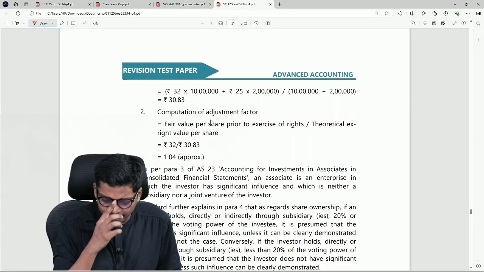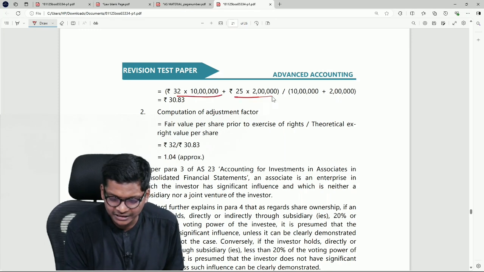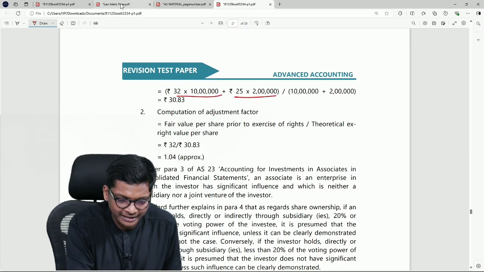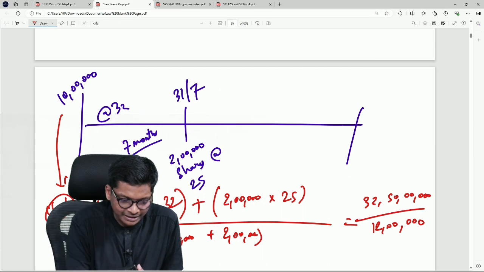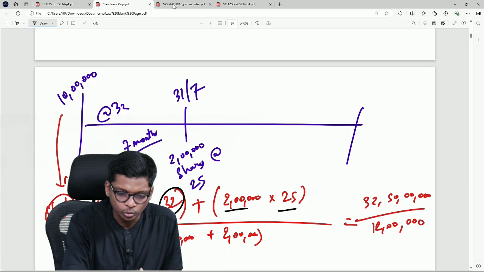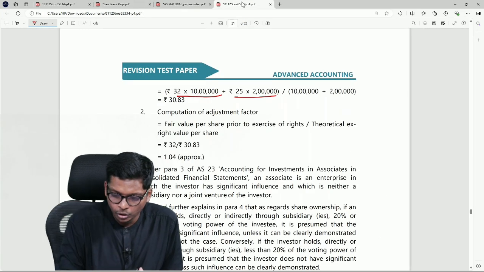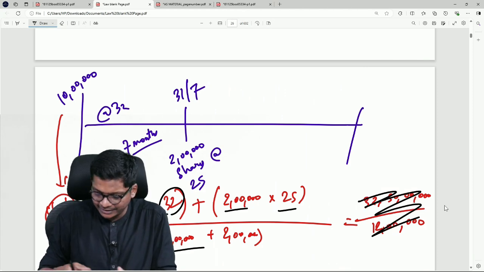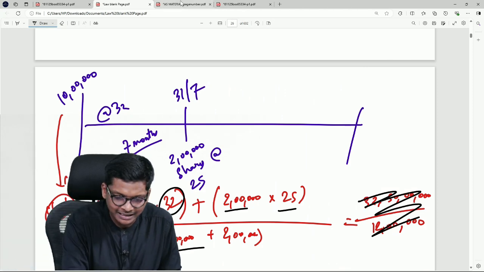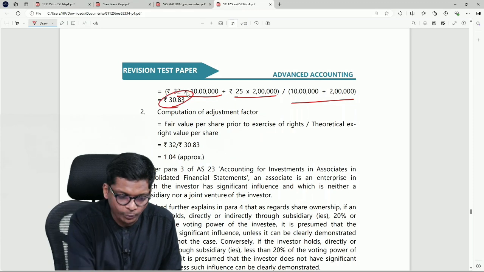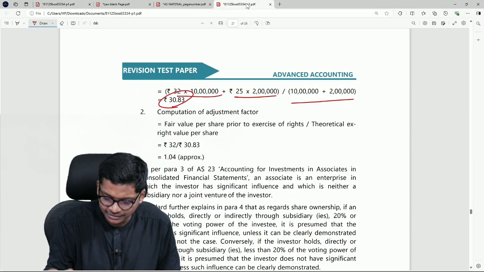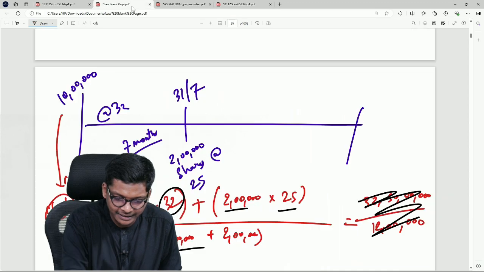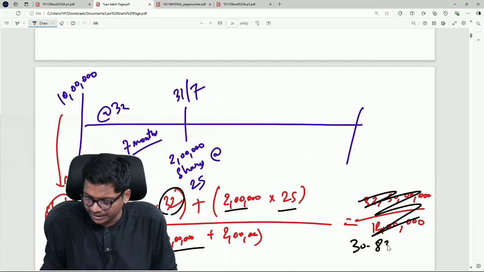Exactly what we did: 32 into 10 lakhs plus 25 into 2 lakhs, we did the same thing. 32 into 10 lakhs plus 2 lakhs into 25, whole divided by 12 lakhs. There is some calculator issue here, but the answer will be 30.83. So we get the answer of 30.83 here also.